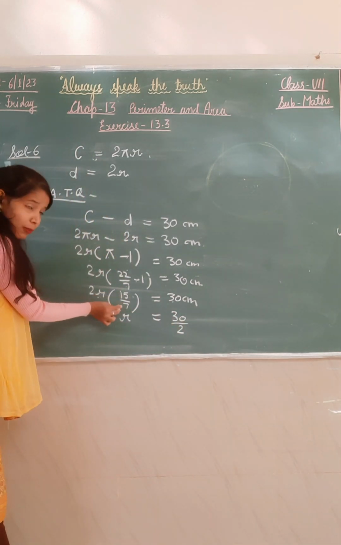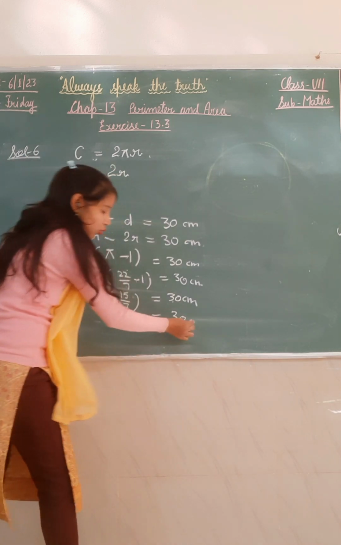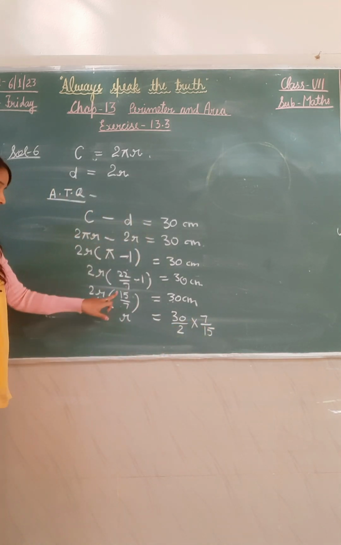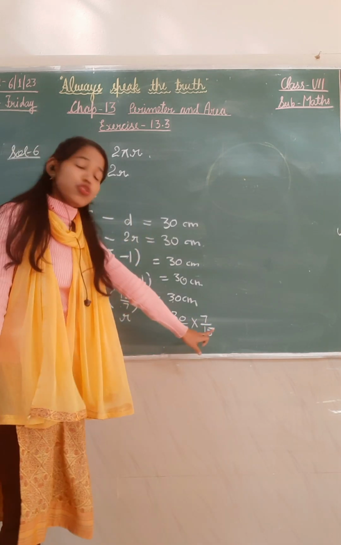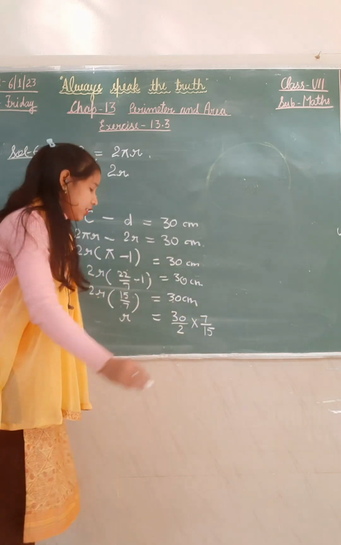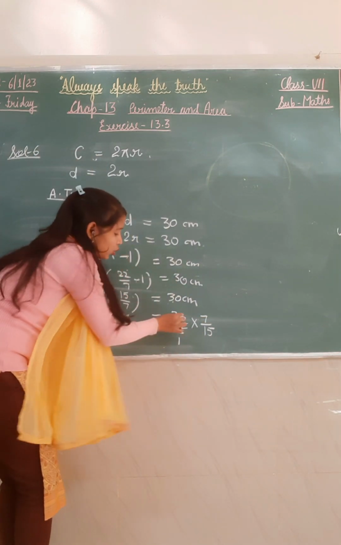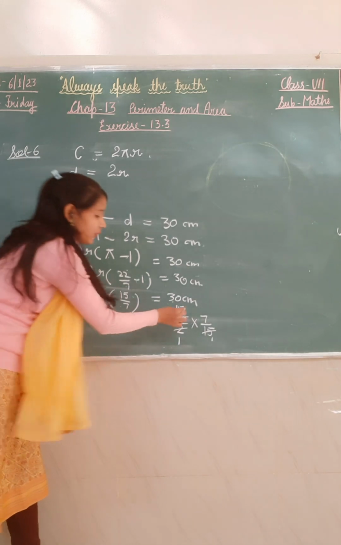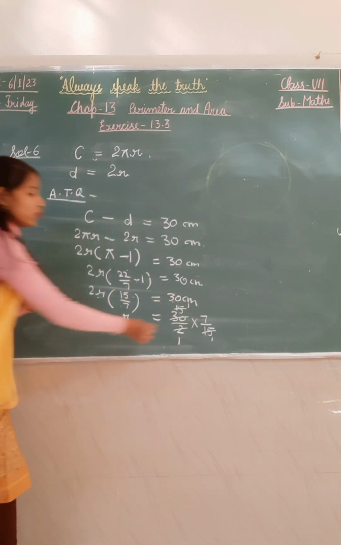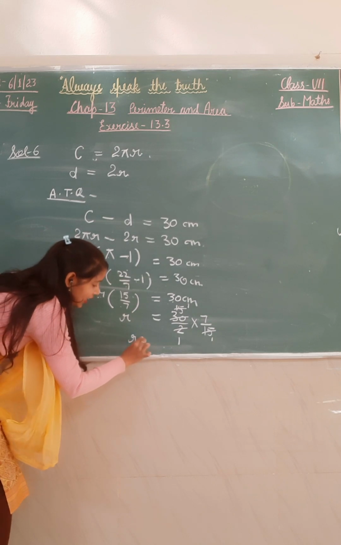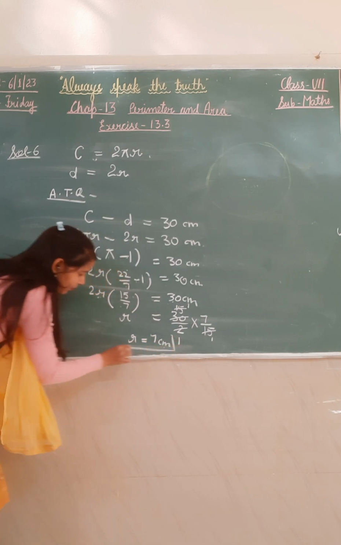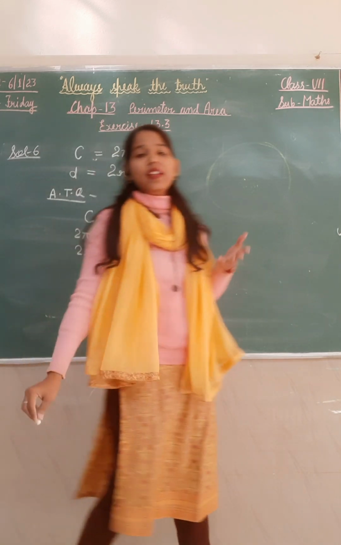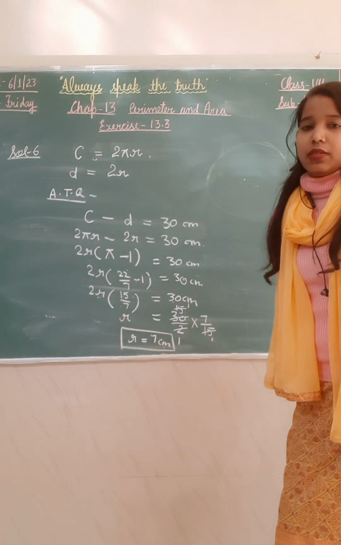And 15 by 7, when we transpose it to the right hand side, will become 7 by 15. 2 ones are 2, 2 15s are 30. 15 ones are 15 and 15 twos are 30. What is left? Only 7 is left. So the value of r is equal to 7 centimeter. We have to find the radius, so the radius is 7 centimeter.